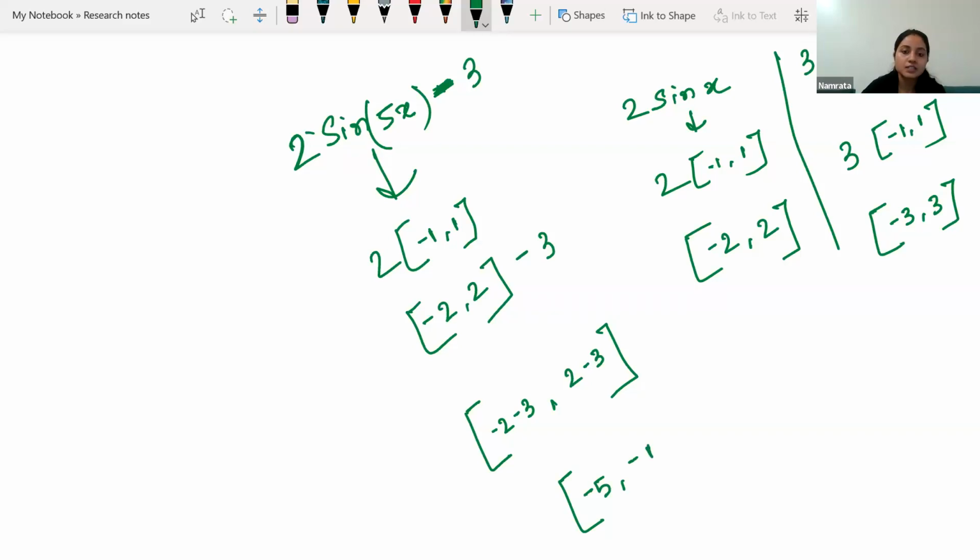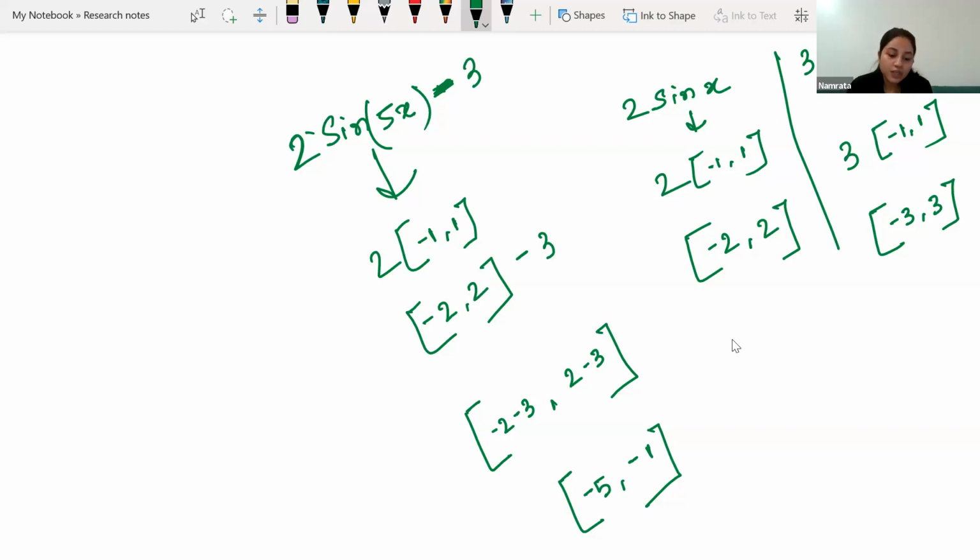Can you see how we get the maximum and minimum value so easily without doing anything? So you can use this result while solving questions. I'll give a few questions for practice, and while finding the range you can use these results.